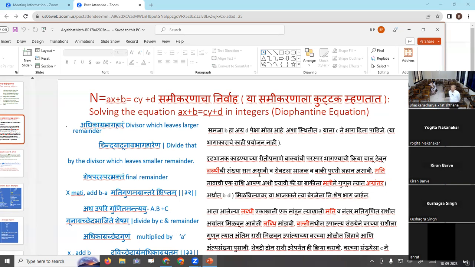In our example, they were 8 and 5. Out of them, 8 is the first one and 5 is the second one. That first one you should consider, multiplied by a, and then adhikagra yutam, so add b to that.